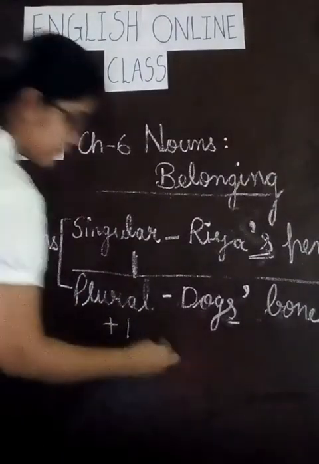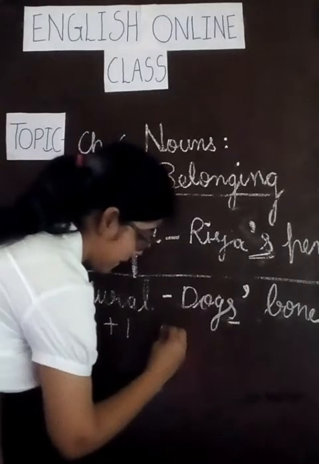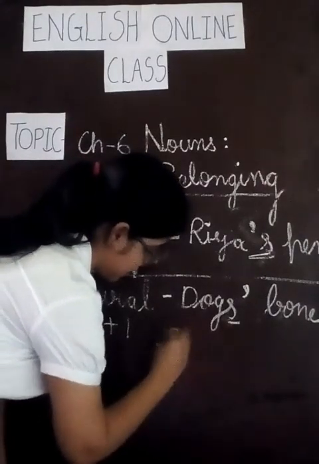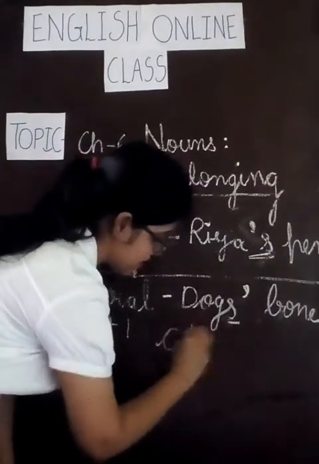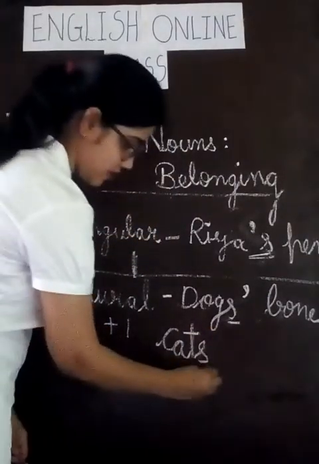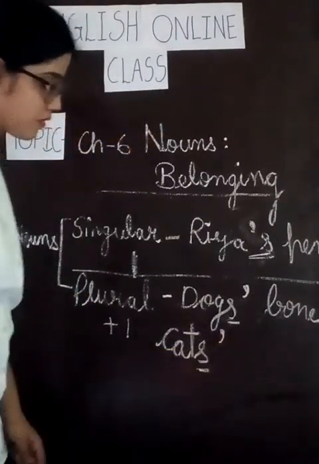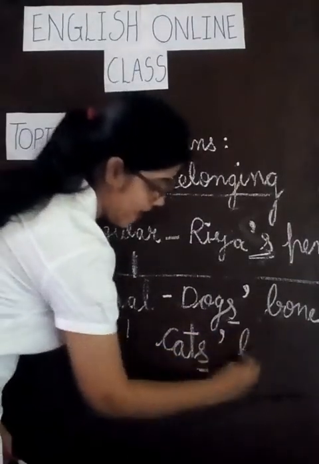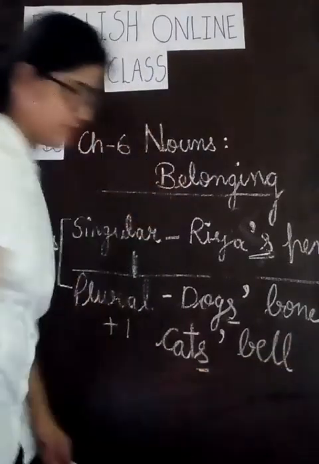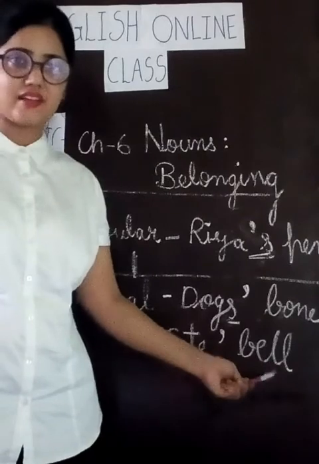For more examples, you can say cats. This word already has s at the end. So what will we do? We will write only the apostrophe. Cats' bell. Alright, is that clear?